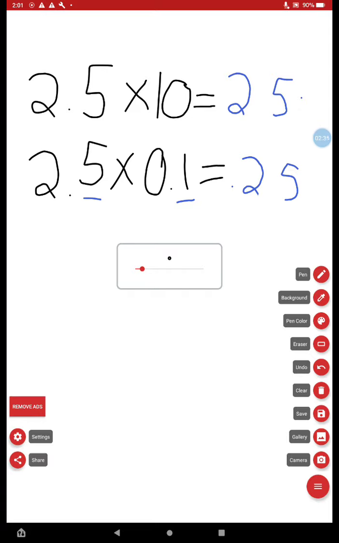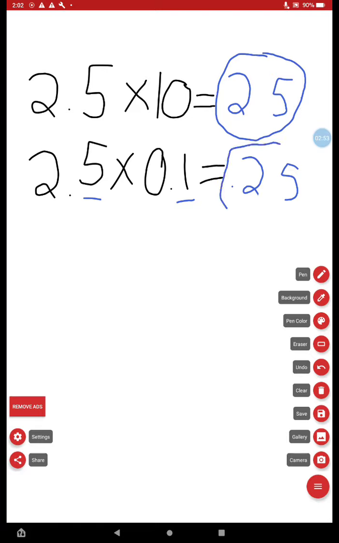All right, so what do you notice is similar between the two? Well, when I multiplied by 10, I got a bigger number. 2.5 became 25. And it became a bigger number tenfold. That means I moved the decimal point over once to the right. When I multiplied by 1/10, I got a smaller number. You might say, how is that smaller?